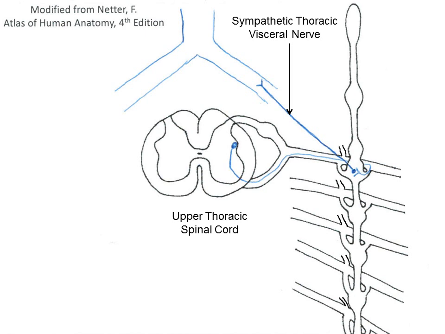So we have the upper thoracic spinal cord in our lateral horn, going into the ventral root, to the spinal nerve, to the ventral ramus, to the white ramus communicans, to the sympathetic trunk. Synapses in a paravertebral ganglion at the thoracic level. Postganglionic neuron leaves the sympathetic trunk, traveling in the thoracic visceral nerve to get to the respiratory system.